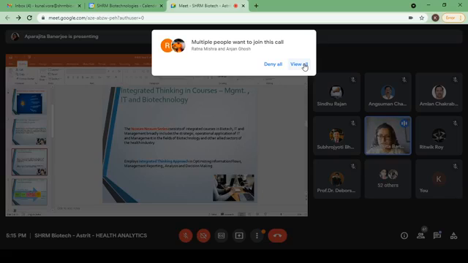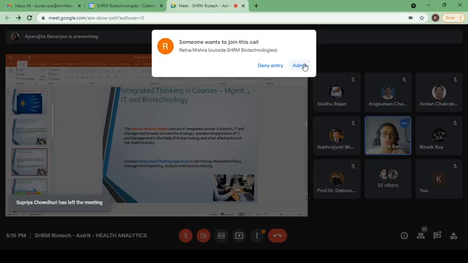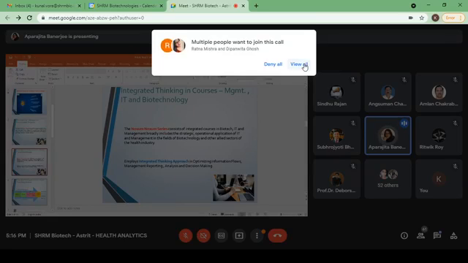A little bit about the integrated thinking in the courses that combine management, IT, and biotechnology. So the first of the courses, the micro-credential course that we're rolling out, is health analytics. However, we do intend to roll out these courses in biotech, IT, perhaps supply chain management, and that broadly deal with the strategic operational application of IT and management in the fields of biotechnology and other allied sectors of the health industry.